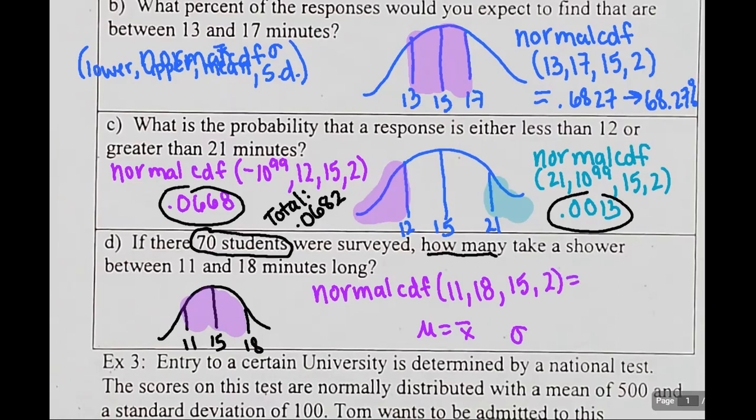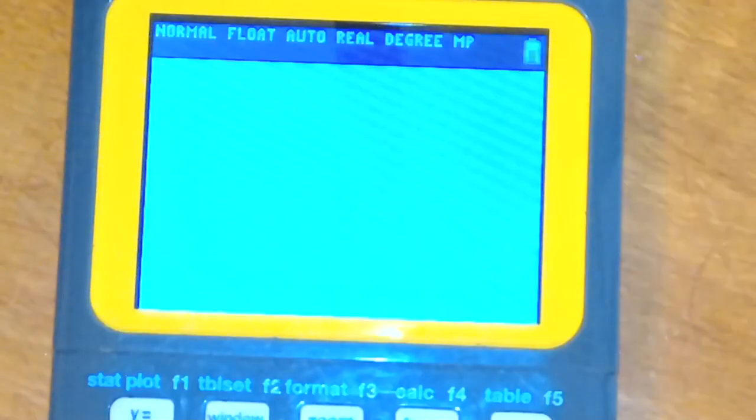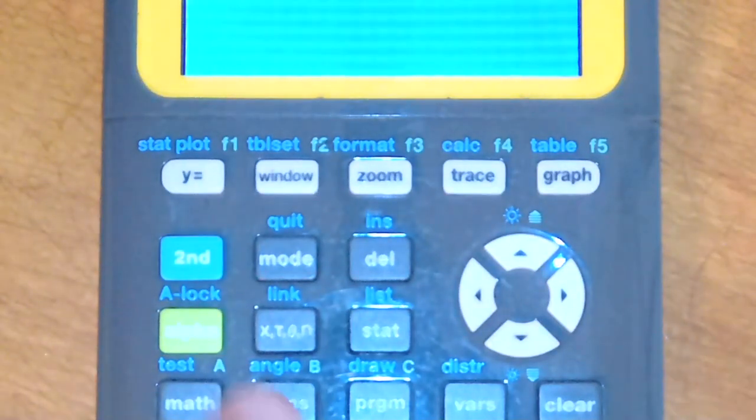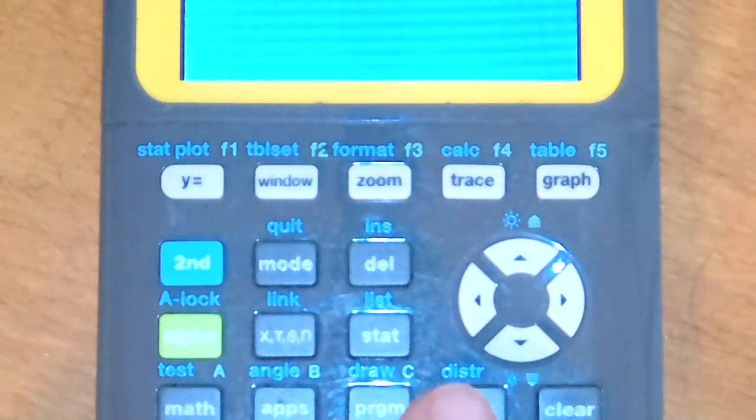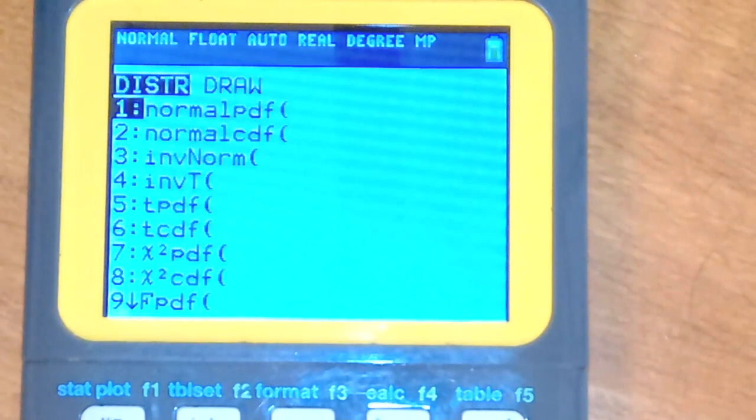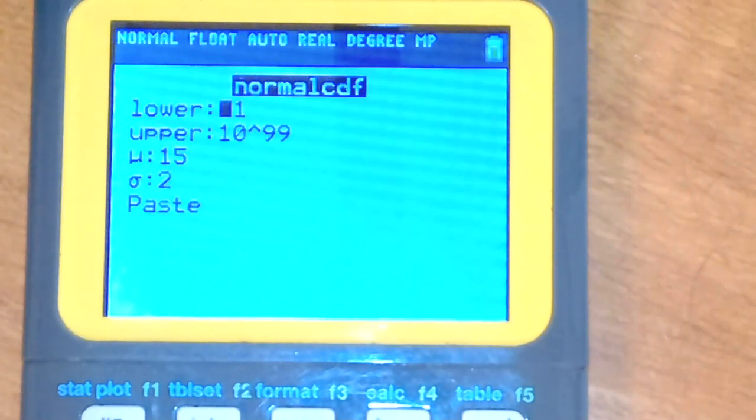So I put that into my calculator, okay? So let me do that again. So I'm going to go second and the vars button for distribution. Okay, I want number 2, normal CDF.